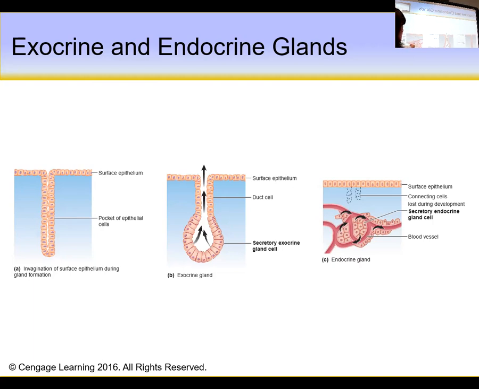Versus endocrine, it's ductless, we say, right? No tube. So the secretions go into the nearby blood supply. See the blood supply surrounding it? The blood vessels? So what kind of secretions are endocrine secretions? Hormones.